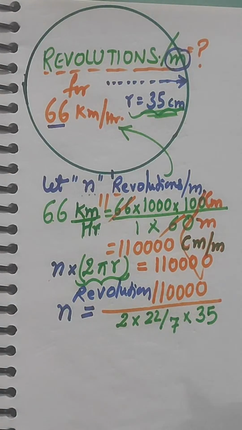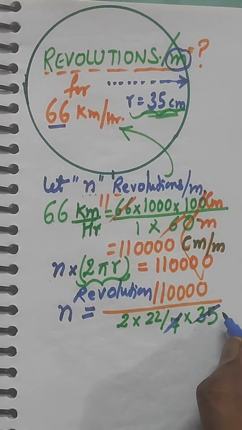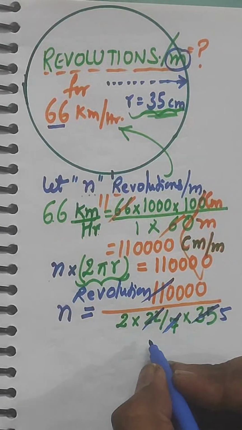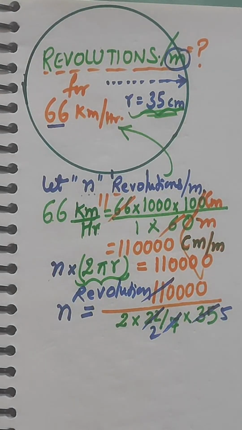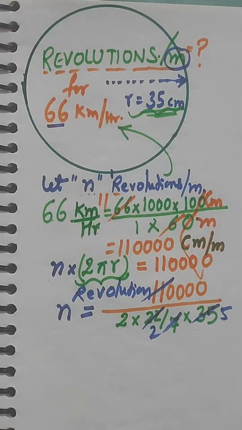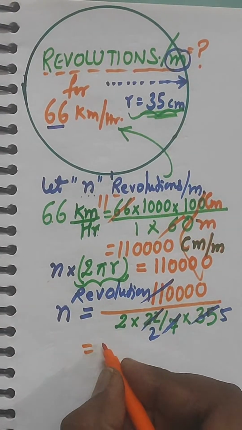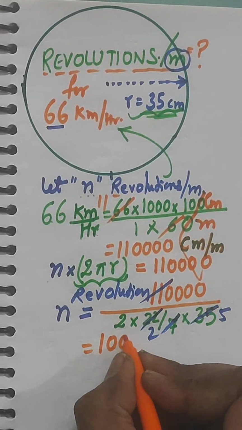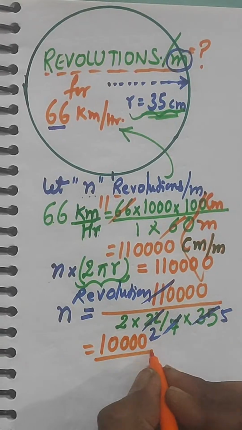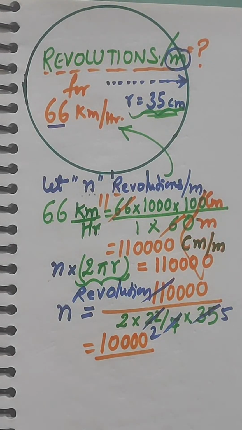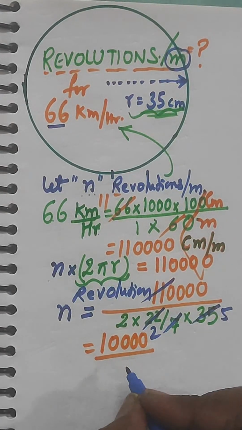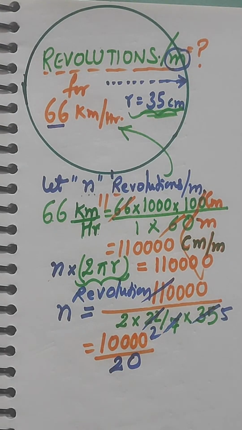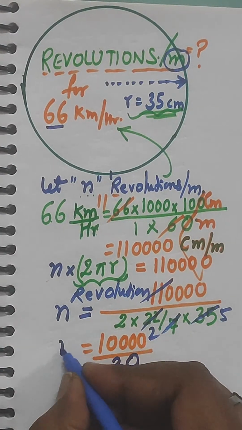Now do your calculations. 7 will divide 35 into 5 times. 11 will divide 22 in 2 times, right? So this will come as 110,000 divided by 4 into 5, 20. This is the value of n.